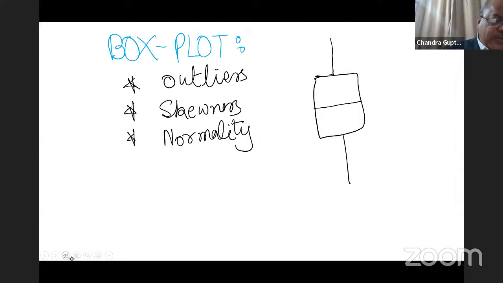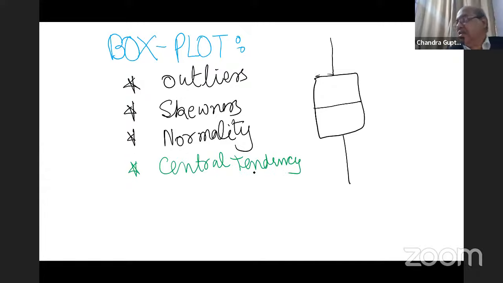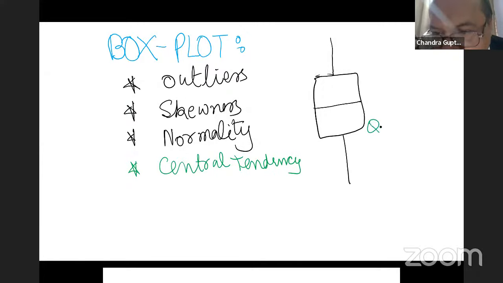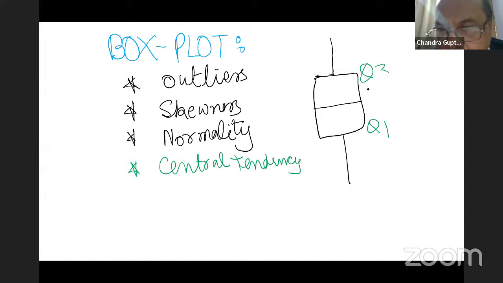And that locational variable measurement is what? Central tendency. Okay, this is Q1, this is Q3, this is Q2, which is your median.